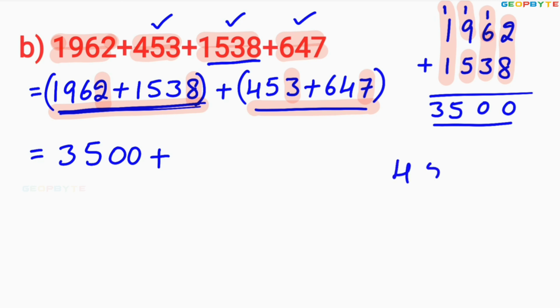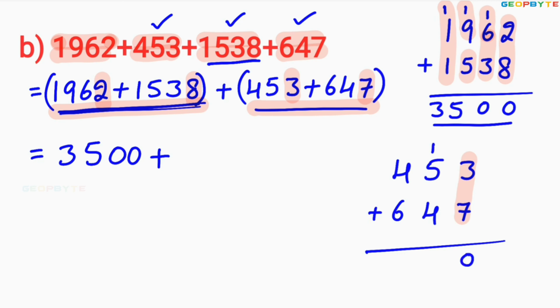Similarly, let us add these two numbers: 453 plus 647. What is 3 plus 7? 10 only. 0, 1 carry forward. 1 plus 5, 6, plus 4, 10. 0, 1 carry forward. 1 plus 4, 5, plus 6, 11.